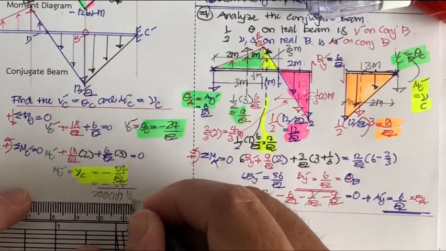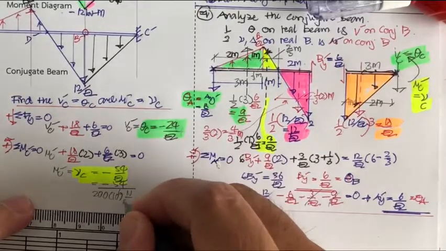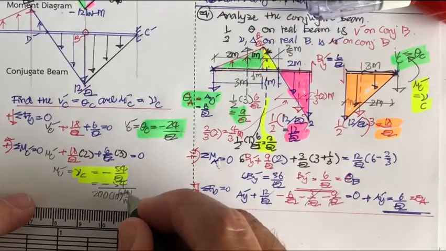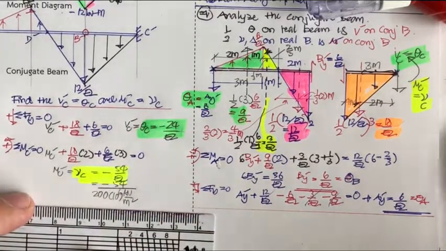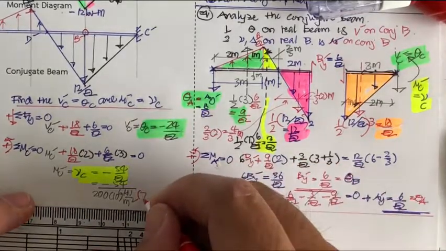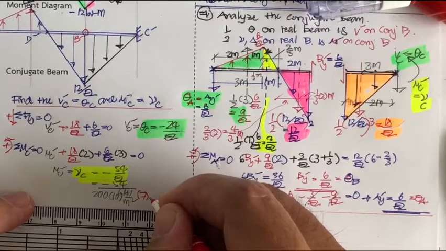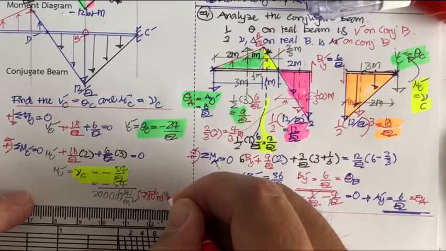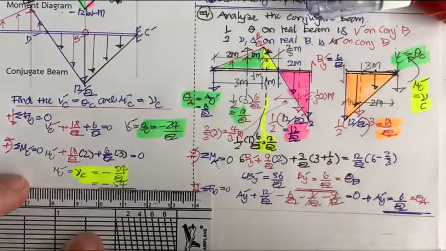This is going to be Newton per meter square, from 10 power 9 to 10 power 6, because this is kilonewton. And the I, if you recall, this is going to be 10 minus 6 meter power 4, if you may recall that.